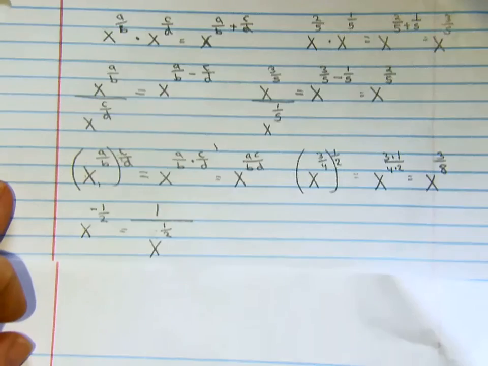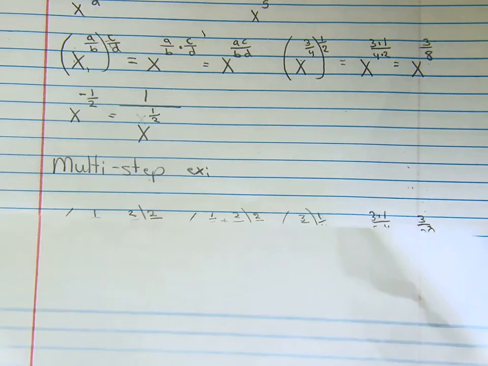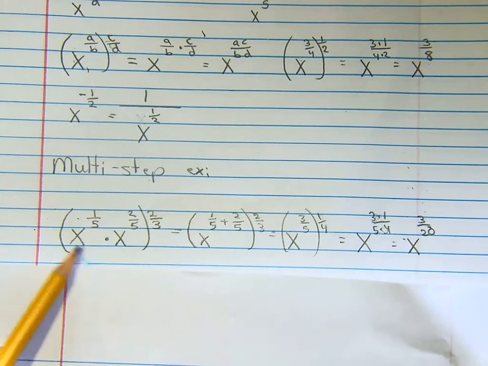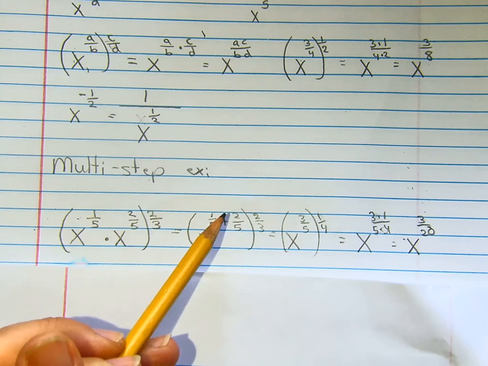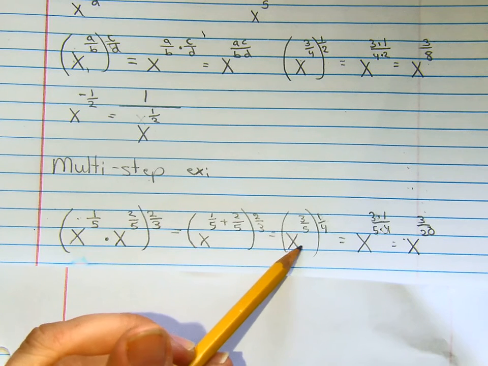So what if you end up with multiple steps? We're going to do some quick examples of multiple steps. And basically what you see is something like this. First I'm going to do what's inside my parentheses, which means I'm going to end up adding my exponents together, getting my 3/5 x.